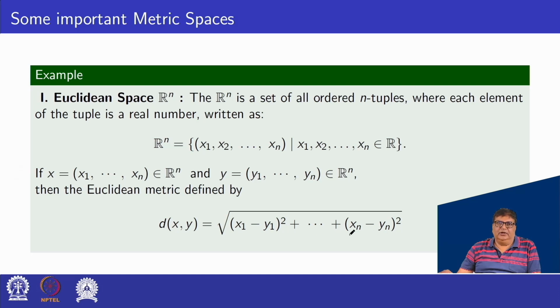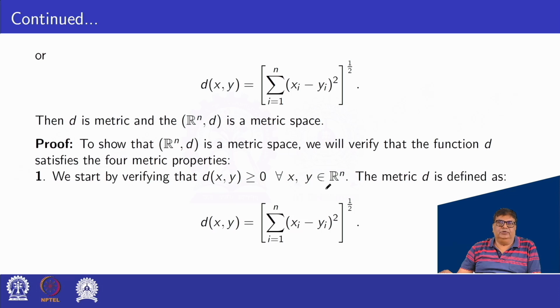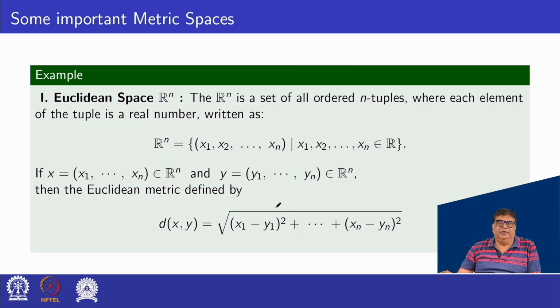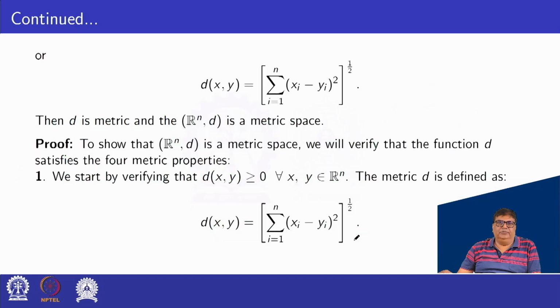All terms are square terms, which are always greater than or equal to 0. So each term of this expression is non-negative. So d(x,y) is greater than or equal to 0. The metric d is always greater than or equal to 0.